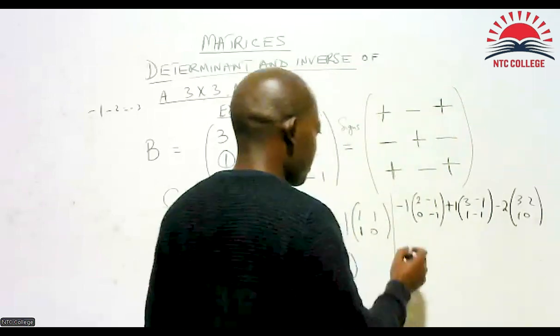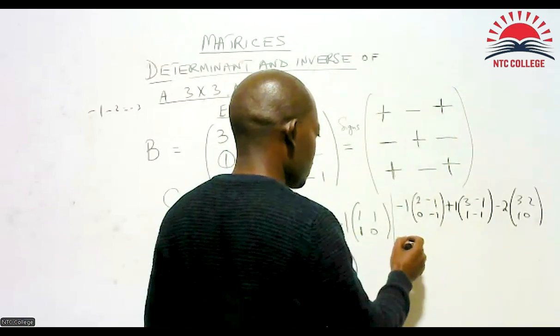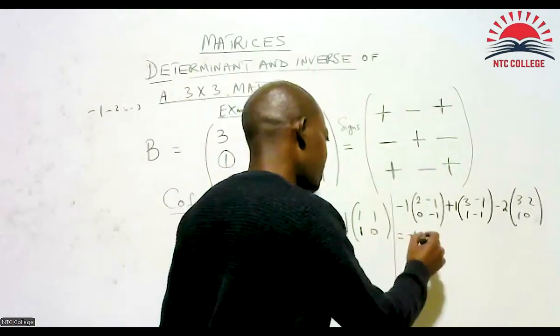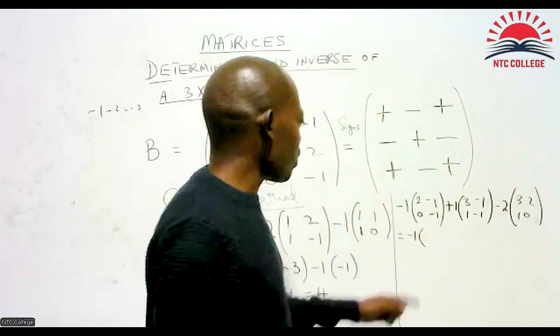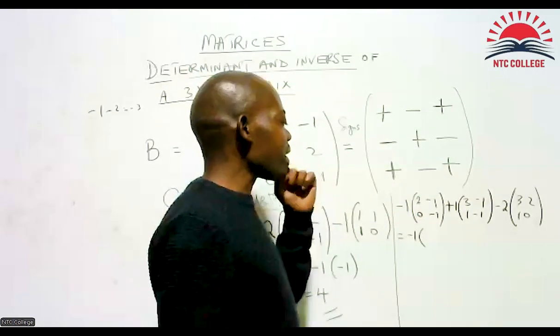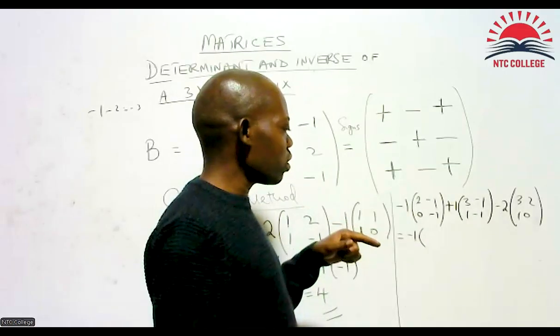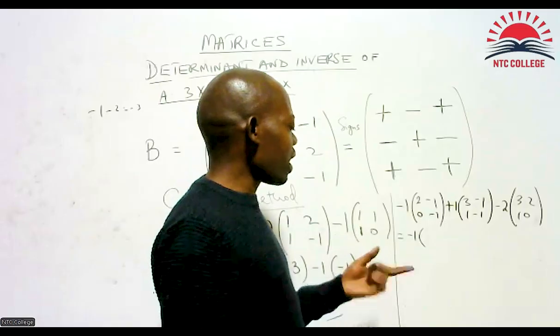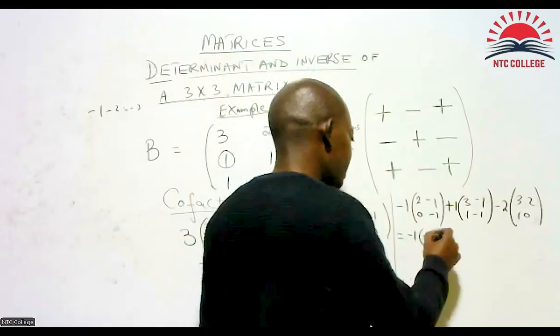If we simplify this, we should have -1 into, so the bracket is 2 times -1. 2 times -1 is -2 minus 0. So -2 minus 0 remains to be -2 anyway.